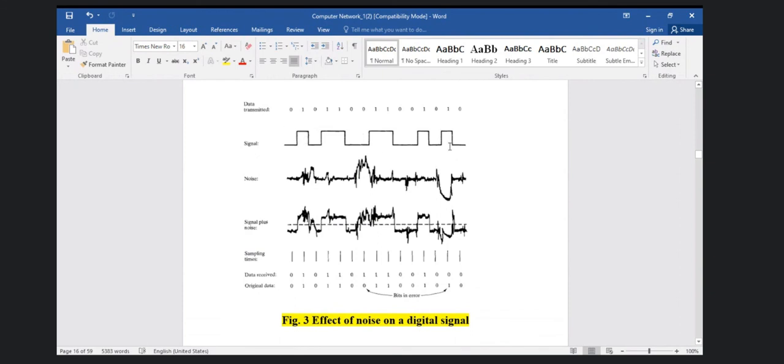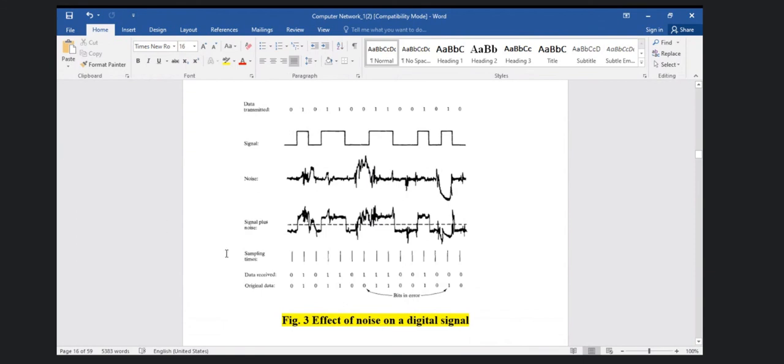So this is the digital signal, or we call it a PCM signal, and this is the impulse noise. Here we have a very high amplitude signal having a very short duration, here also and here also, and when it is superposed on this signal, we will get this type of signal at the receiving end side.